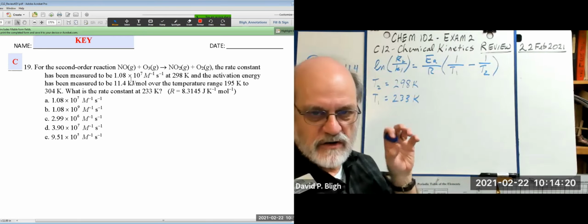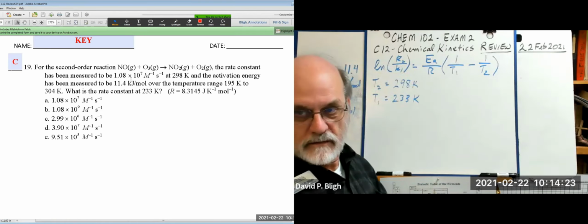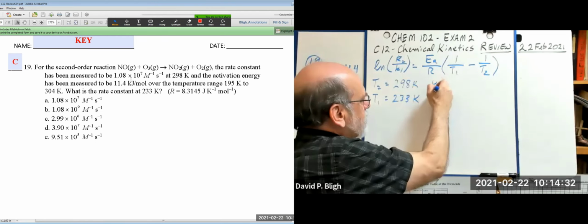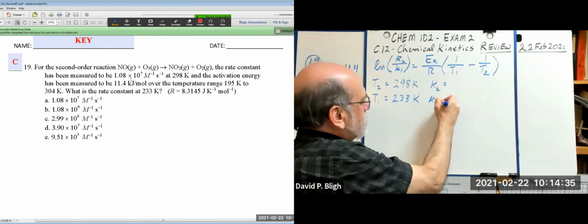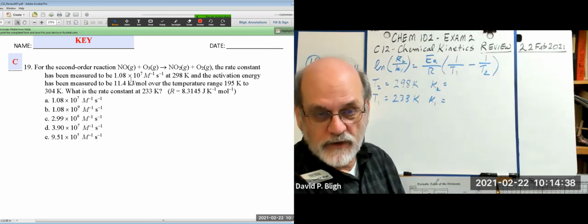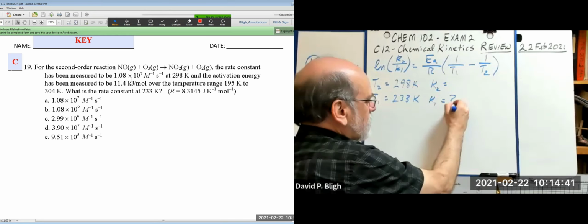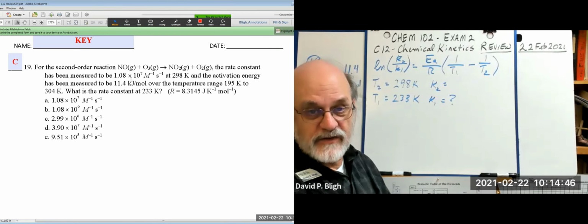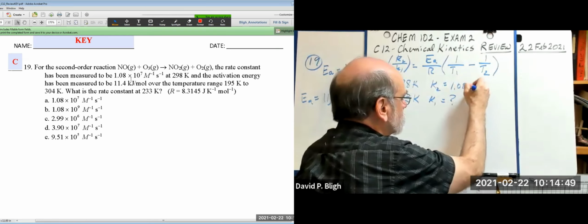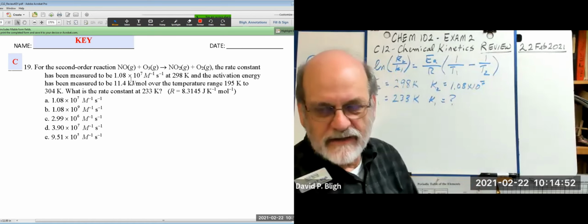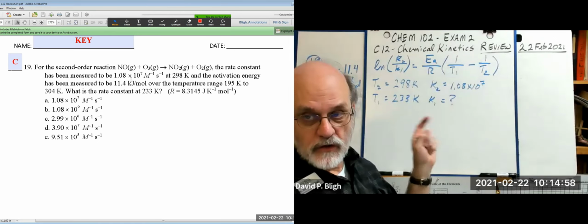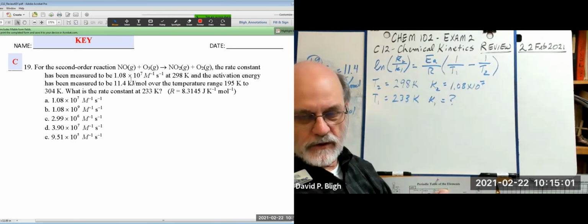So you extract your information up here in a logical position so that you can see what you've actually got. So there's the high temperature, there's the low temperature, and the K that's assigned to each one is what? Well, we're solving for one of them. What's the rate constant for 233, right? That's unknown. But we do know the rate constant for the first one, 1.08 times 10 to the 7th. And I'm going to leave out the units for space. If you paid attention and made sure that all of your units match, then you won't need the units for the K.